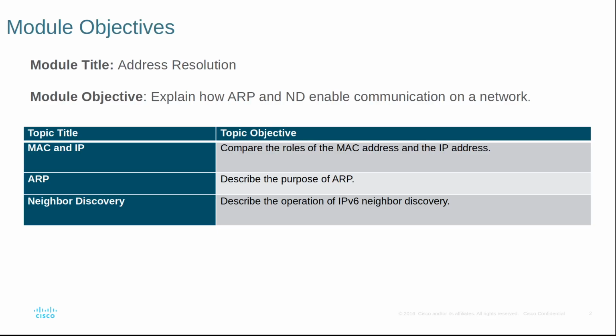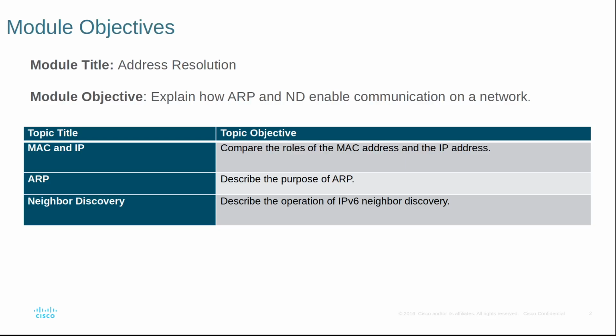MAC addressing you find at layer 2, the data link layer. It's our physical addressing, right? Layer 2 addressing, physical addressing, MAC addressing. You see those three terms used interchangeably. IP addressing, layer 3 addressing, or logical addressing. You tend to see those three terms used interchangeably as well, right?